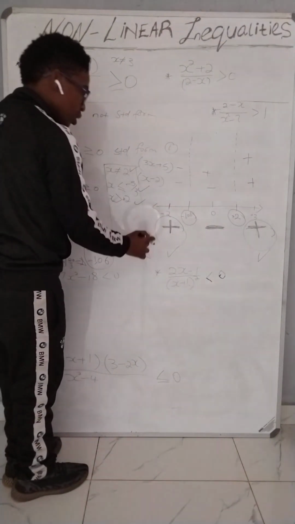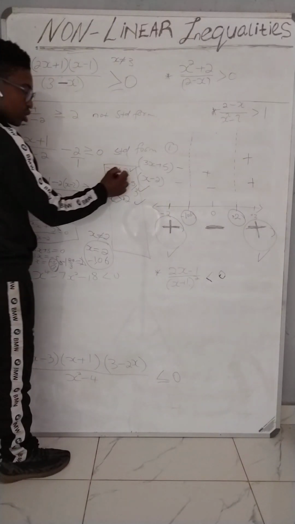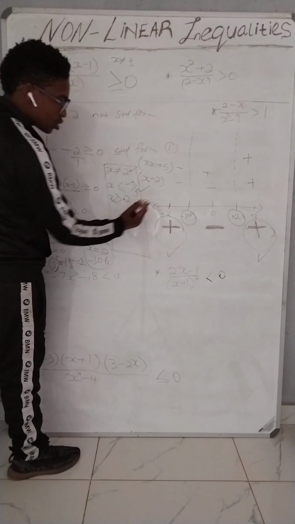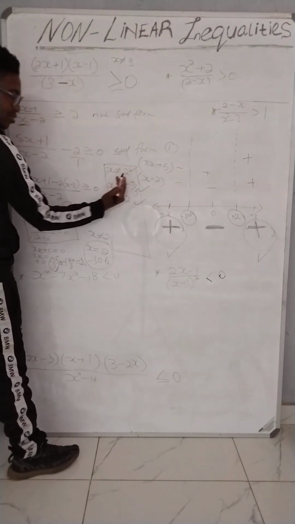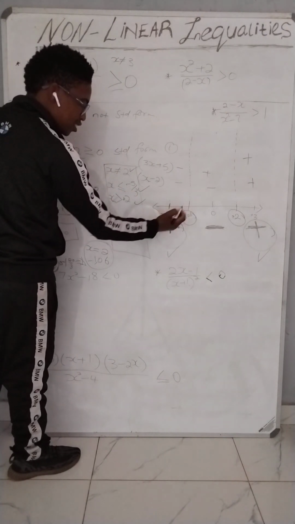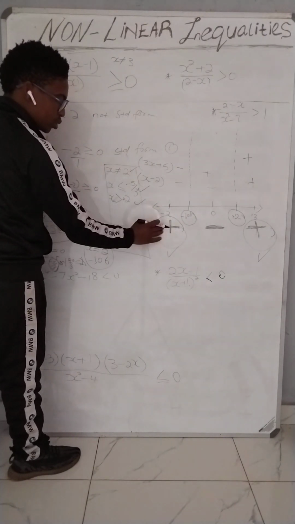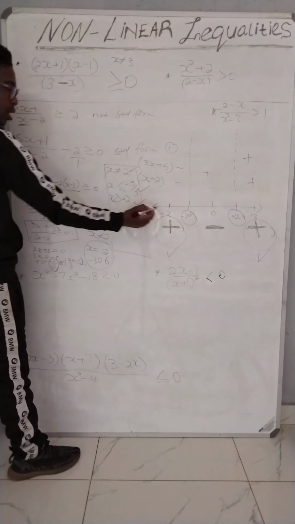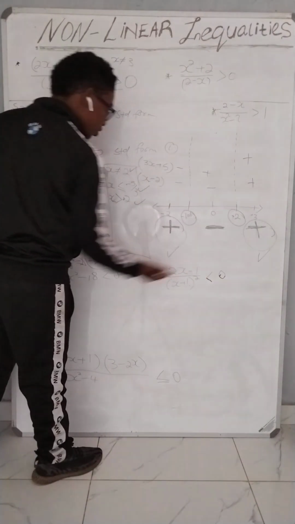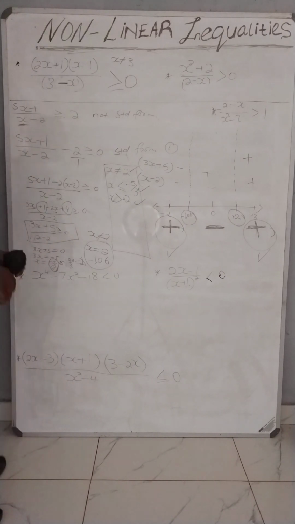So you write x is not equal to 2 because of that, and then x is less than or equal to negative 1.06 on this side where your expression is positive, and also on that side where x is greater than positive 2.